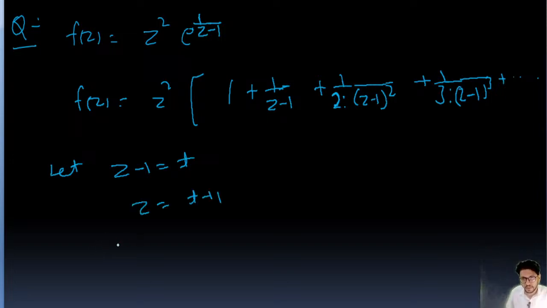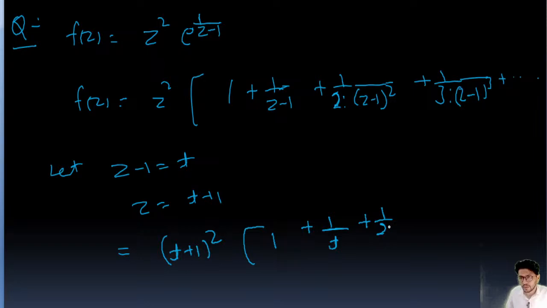We'll put the value of z here, so z square means (t plus 1) whole square into 1 plus 1 upon t plus 1 upon 2 factorial t square plus 1 upon 3 factorial t cube plus so on.